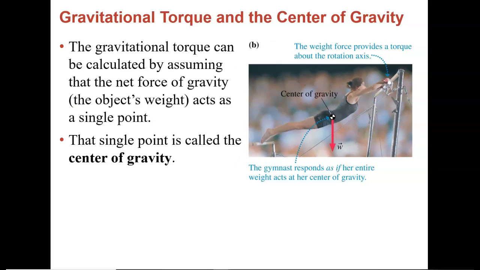So the gravitational torque can be calculated by assuming that the net force of gravity acts at a single point. This single point is called your center of gravity. So this is like where most of the weight is concentrated. The gymnast responds as if her entire weight is acting at her center of gravity right here. So basically this is your average where most of the weight is going to be pulling you down. So this is your force. You have your lever arm to create the torque.